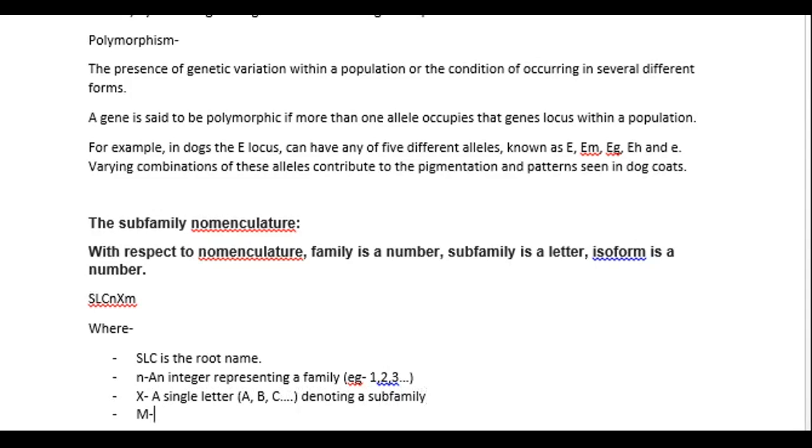And the small m indicates an integer representing an individual family member. This is an isoform.